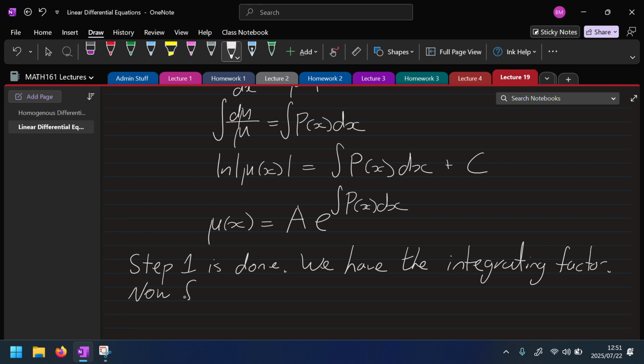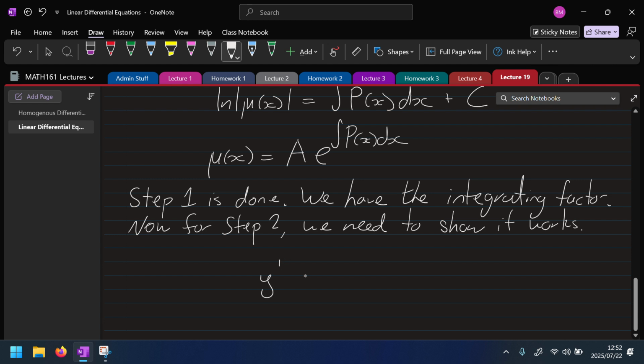Okay, now for step 2, we need to show it works. Okay, so how do we do that? So we go back to our differential equation and we try and see, does this integrating factor actually work?